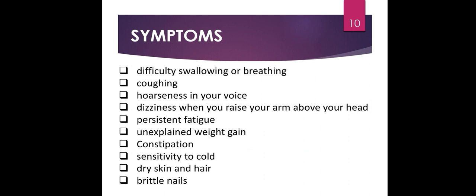Other symptoms include difficulty in breathing, coughing, unexplained weight gain, constipation, hoarseness in your voice, dizziness when you wake up, sensitivity to cold, dry skin and hair, and brittle nails. These were the symptoms of goiter.